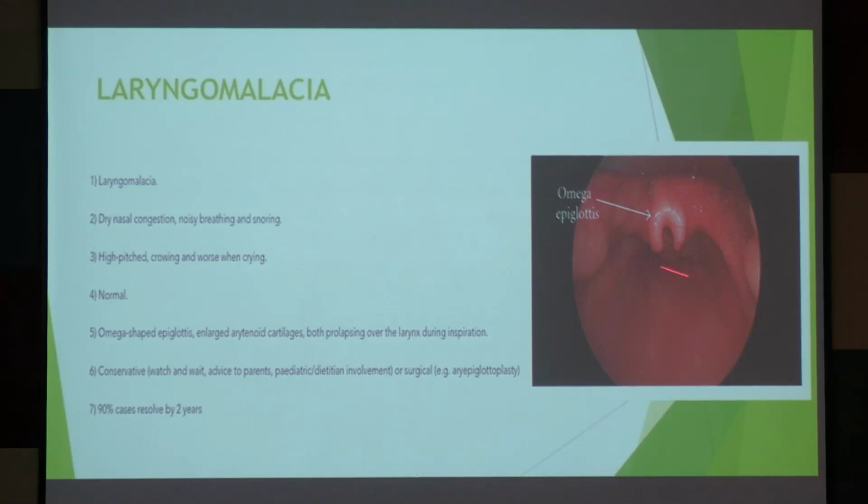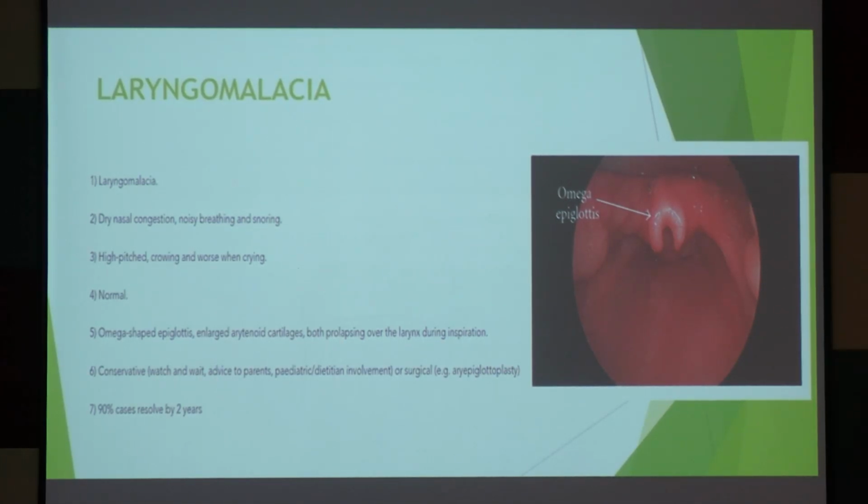Okay. This is laryngomalacia in neonates. Sometimes the parents come to you with some stridor in a neonate or an infant, and this is typically laryngomalacia, okay. 90% of cases resolve by 2 years.